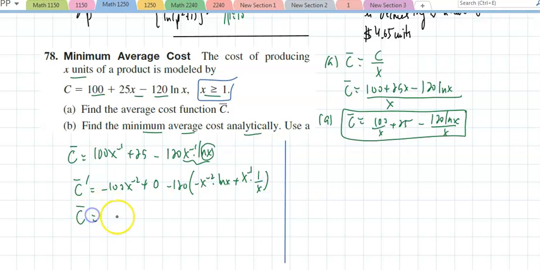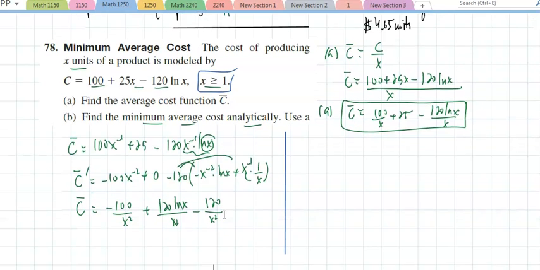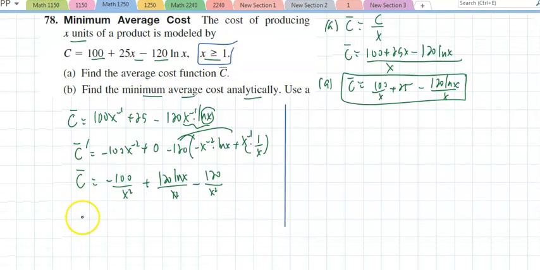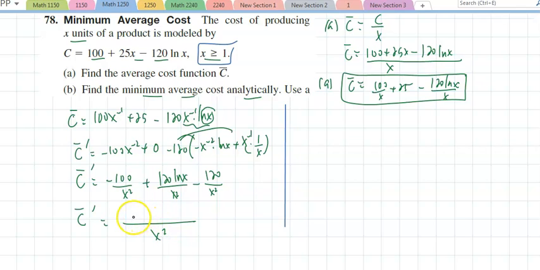So the cost function prime is negative 100 over x squared plus 120 natural log of x over x squared minus 120, and when you move that down, x times x is x squared. So here it is. The cost function prime is all over x squared. That would be negative 220 plus 120 natural log of x.